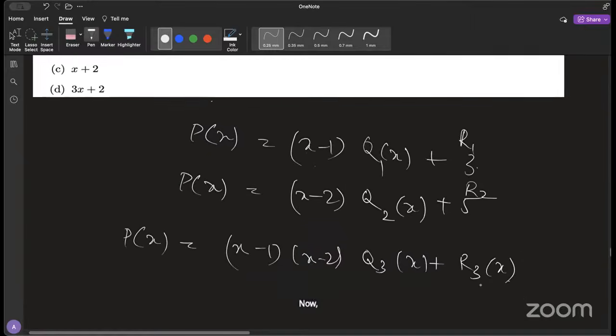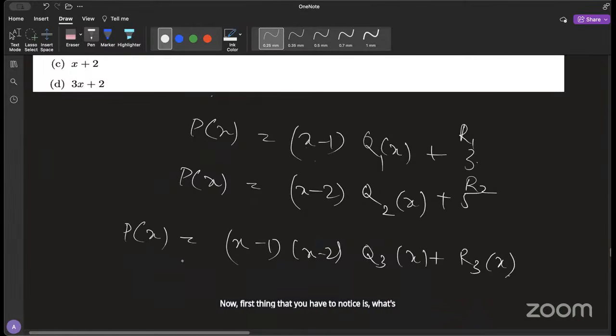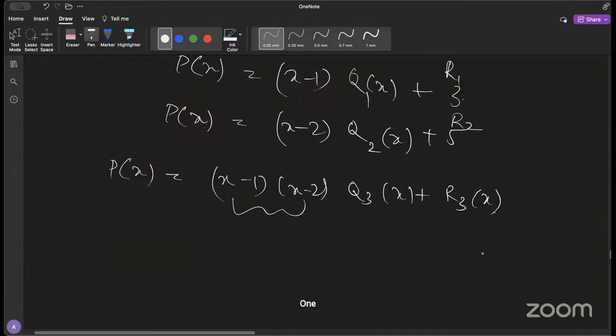Now, first thing that you have to notice is what's the degree of the remainder here? If this is your divisor, then what should be the degree of R3(x)? 1. Okay, 1, but from here we only know that it should be less than 2. It can be 1 and it can be 0 too, right? Yes, ma'am.